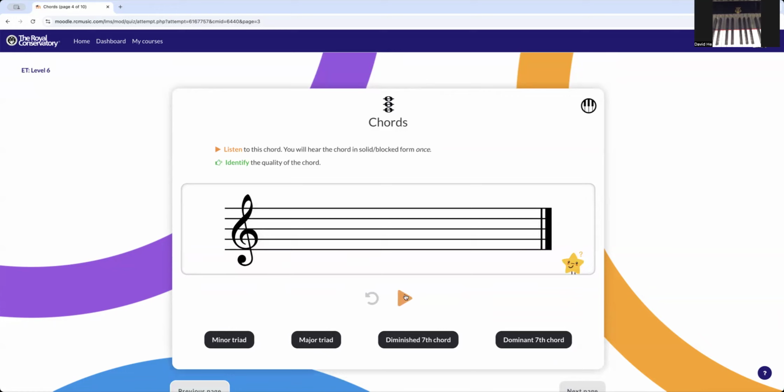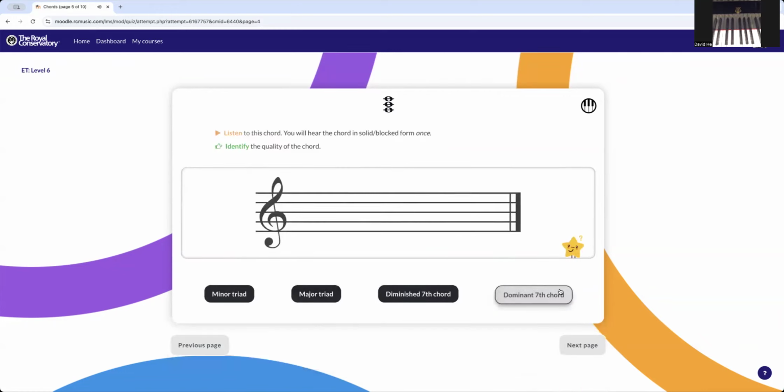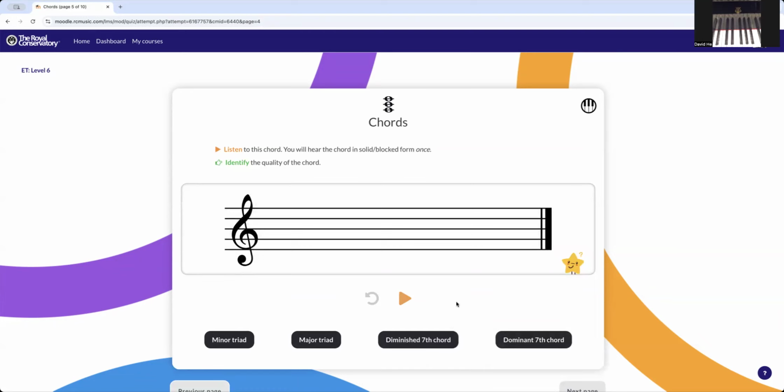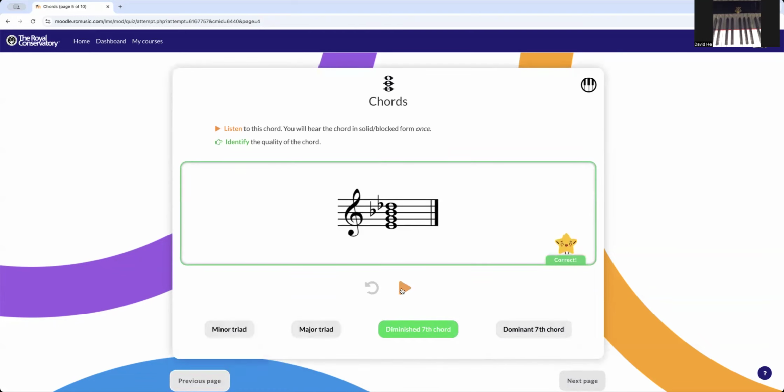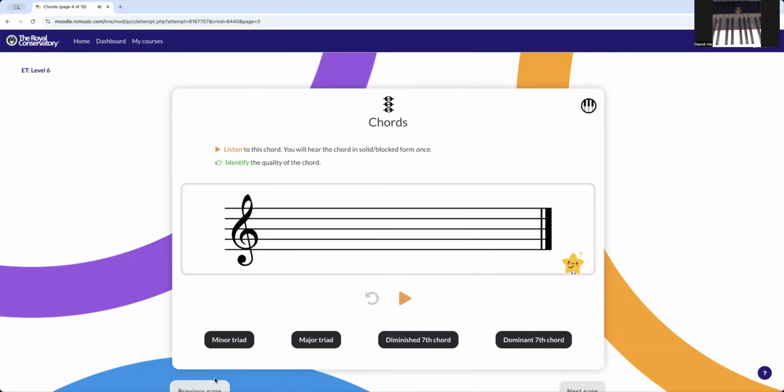Let's listen to this one. No, this one's not. We're going to find a diminished seventh. Let's go directly to a diminished seventh and listen to it. It's more like the notes are connecting to each other. Let's go back to the dominant sevenths and listen to them.